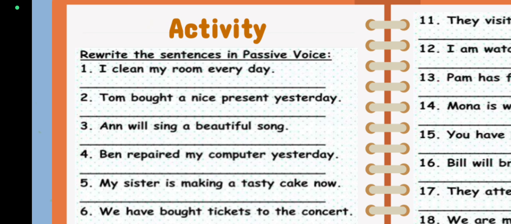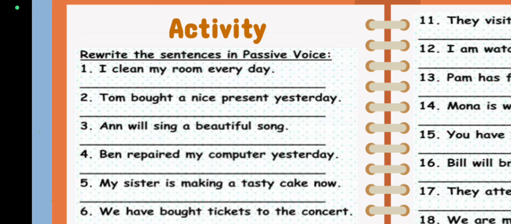Okay. Let me help you step by step. What's the verbal tense here? Tiempo verbal. Present simple. Okay. Yes, that's good. What's the object? The room. Okay, my room. Only that. Okay. So, comenzamos con the object. My room.